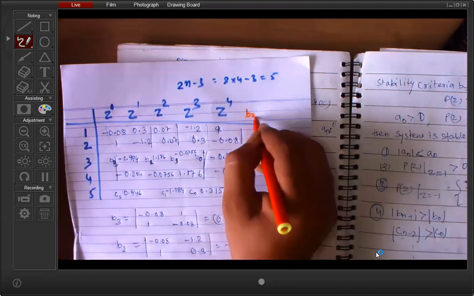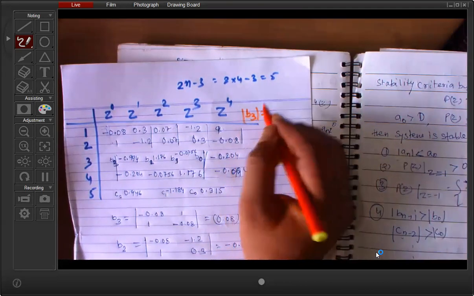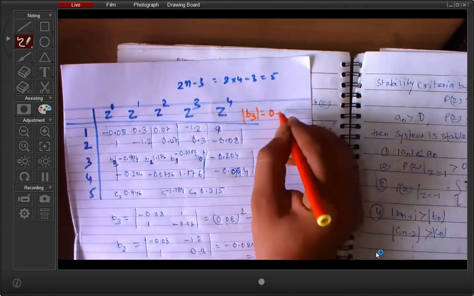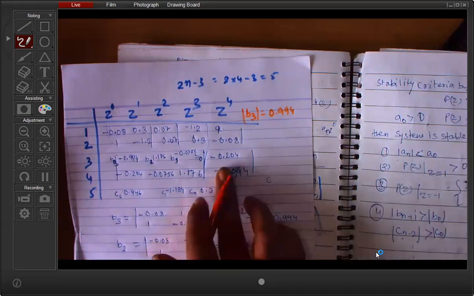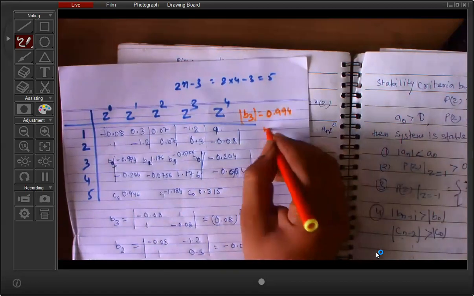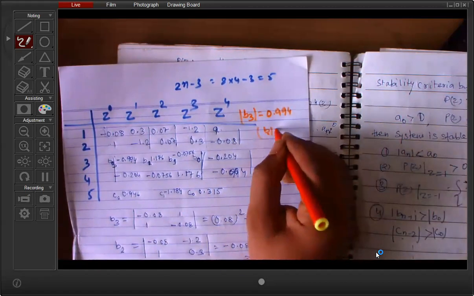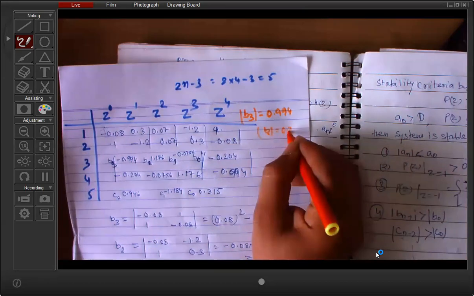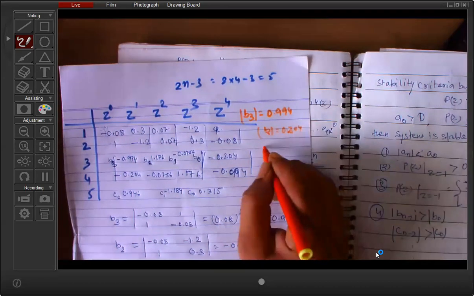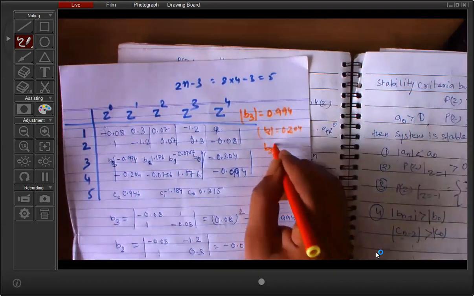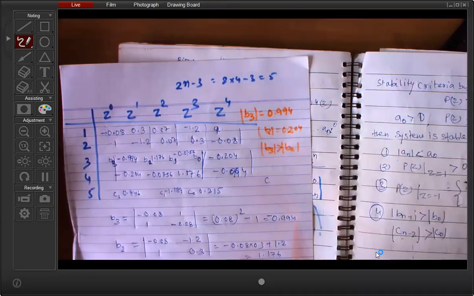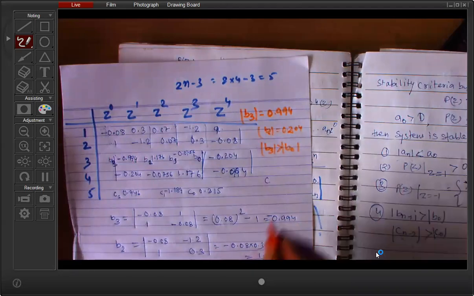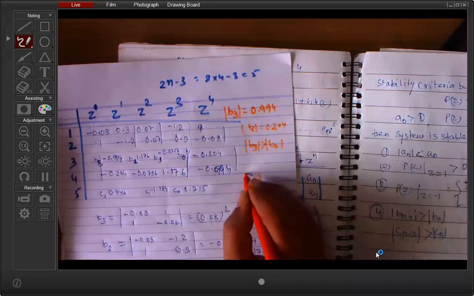The magnitude of B3 is equal to 0.994. And what is the magnitude of B0? B0 is equal to 0.204. So that satisfies the condition of the Jury stability test? Yes or no? Yes, sir. Now, what is the magnitude of C2?